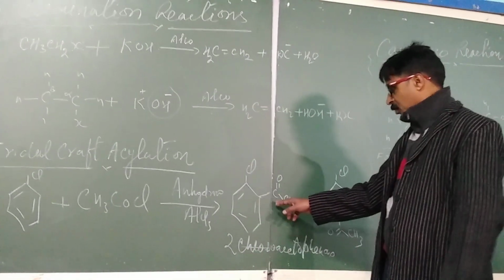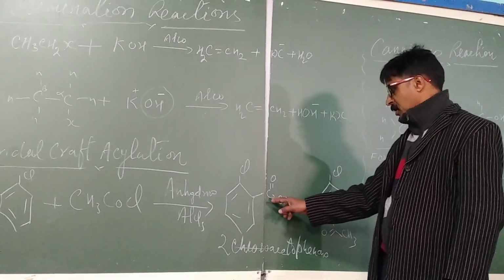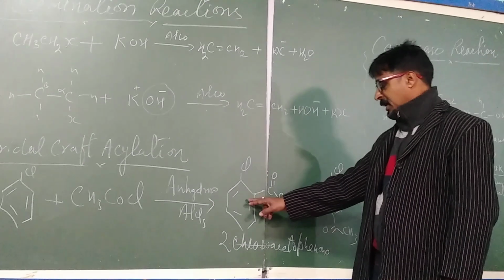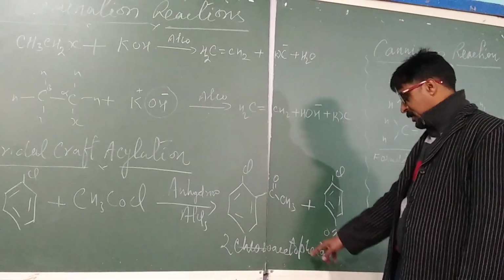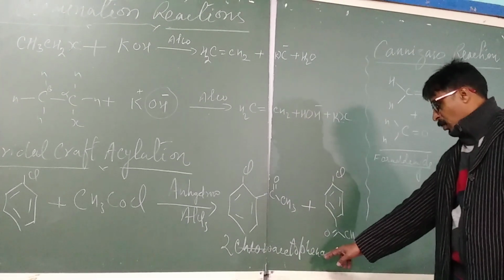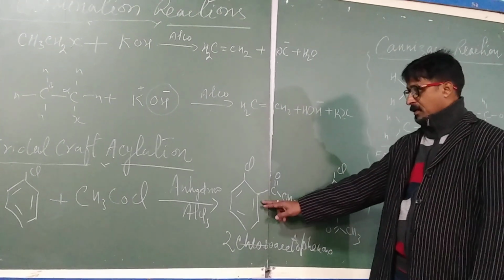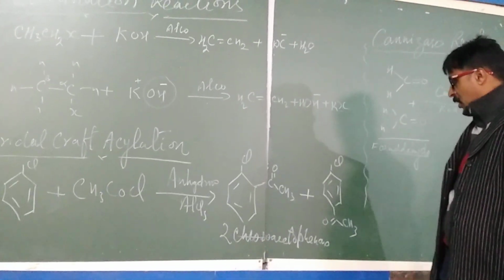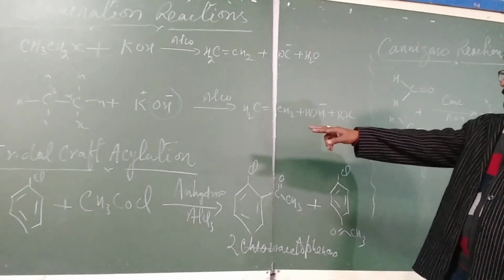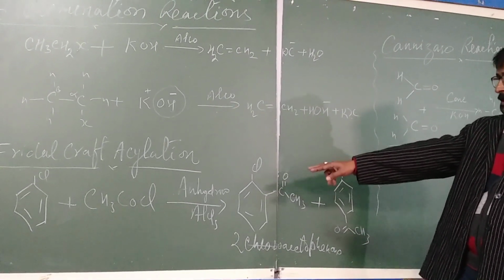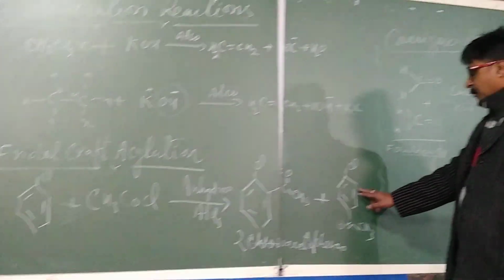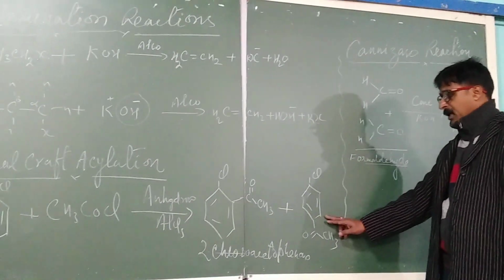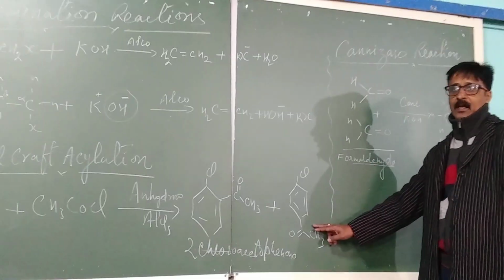The CH3CO group has been added, and the chlorobenzene is in the same way here. So the resulting product is 2-chloroacetophenone. Right? So this reaction is called Friedel-Crafts acylation because the reaction takes place in the presence of acetyl chloride. Okay, and two different products are obtained here, major and minor.